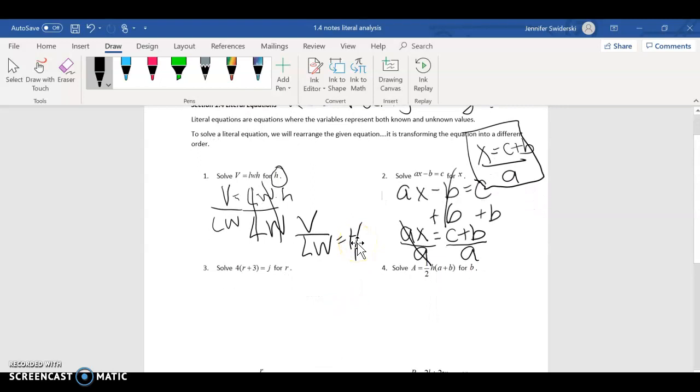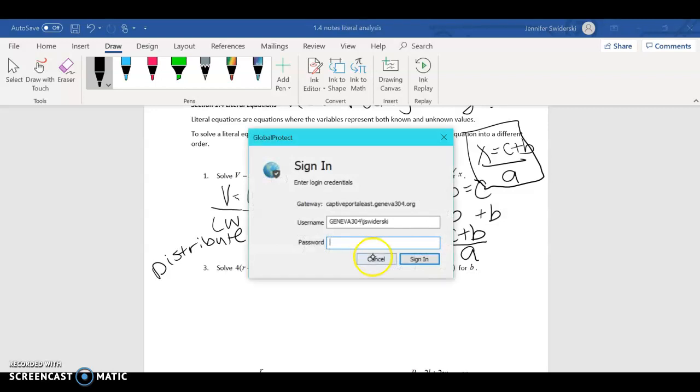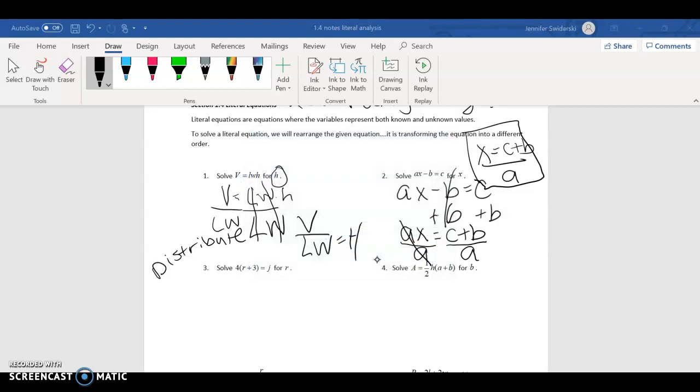This next one, anytime you have a number next to parentheses, that means you need to distribute. You should know what distributing means. Before I do that, if I want to get R by itself, 4 is being multiplied by everything in there. Shortcut: I can divide this side by 4, and then I have to divide the other side by 4.